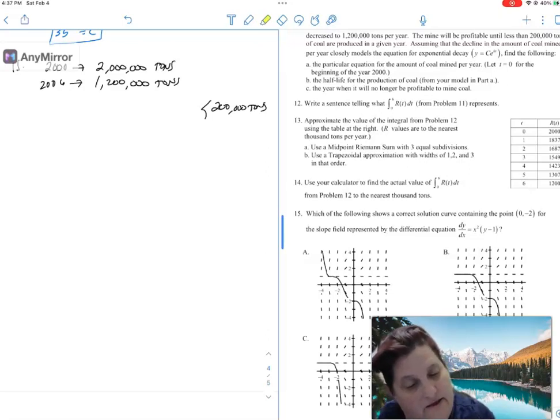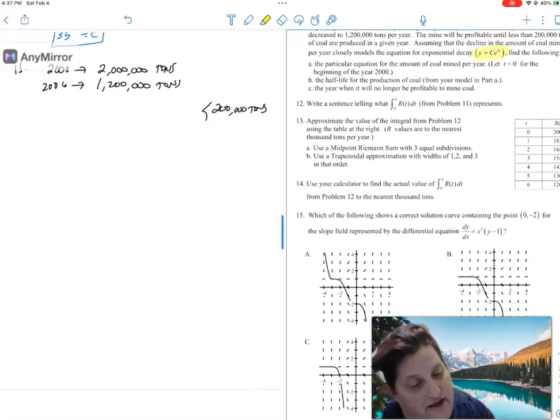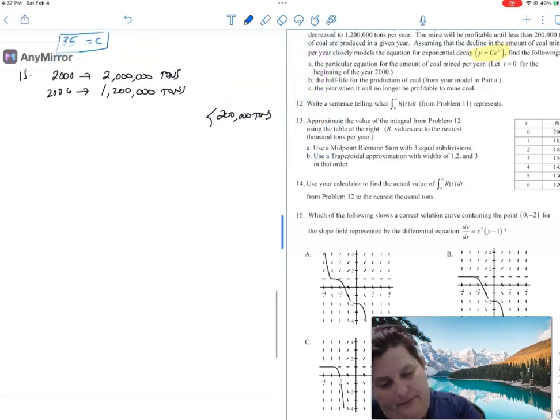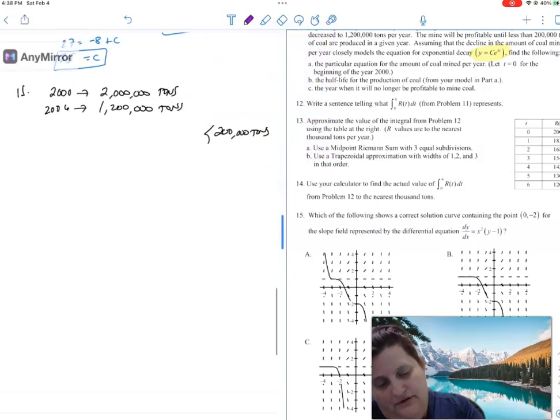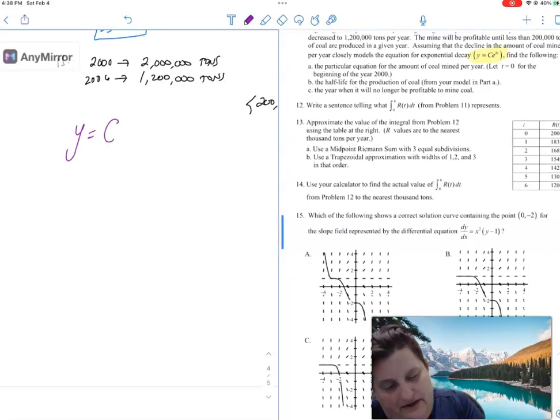Assuming the decline in the amount of coal closely models the equation of exponential decay, find the following. The equation is y equals CE to the KT. Find, for the particular equation, the amount of coal mined per year. Let T equal 0 for the beginning of the year.